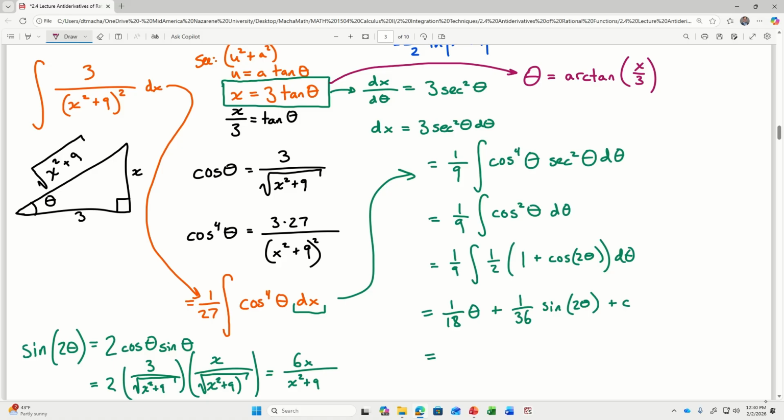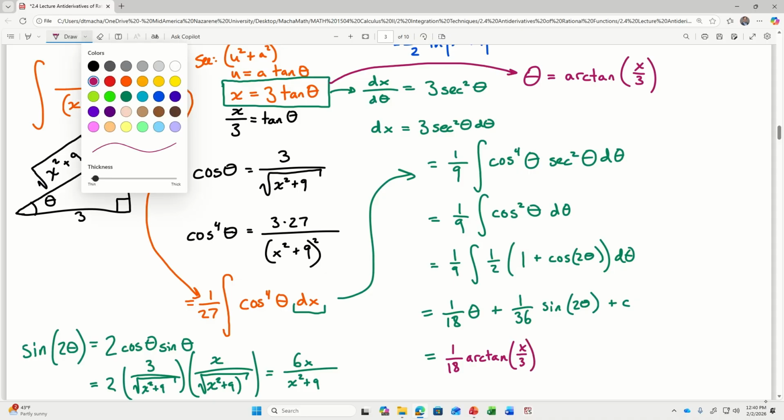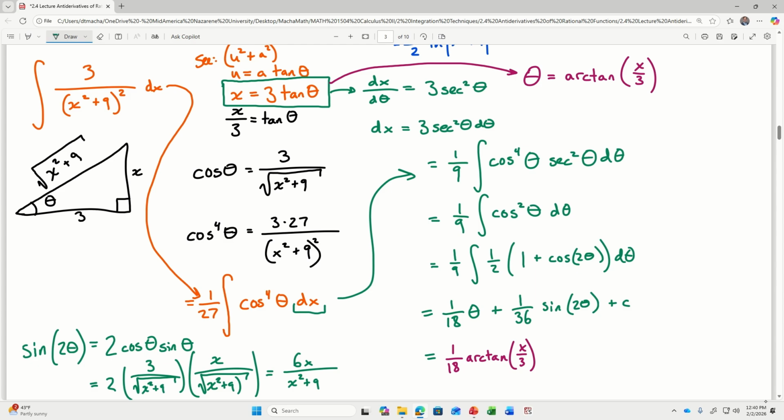So down here, I've got 1 over 18 times arctangent of x over 3 plus 1/36 times 6x over x squared plus 9. 6 over 36 simplifies to 1 over 6.